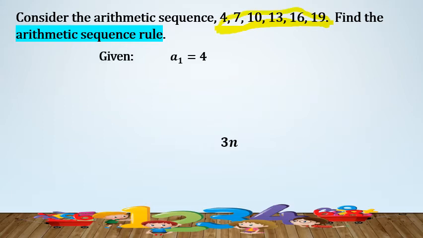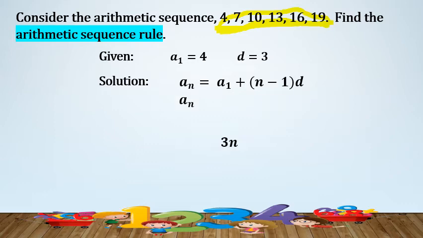Given, a sub 1 equals 4, d equals 3. Ang gagamitin ulit na formula ay yung arithmetic sequence rule. A sub n equals a sub 1 plus the quantity of n minus 1 times d. A sub n, syempre hindi natin alam, equals a sub 1 is equal to 4 plus n minus 1 times 3. Ang 3 kasi ay ang value ng d.